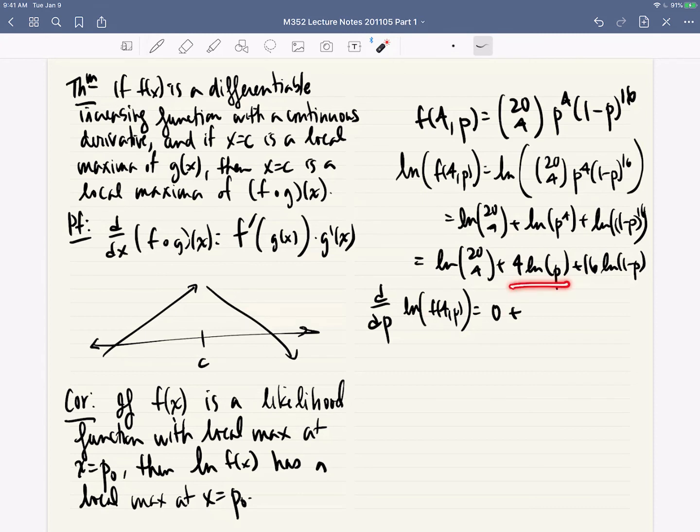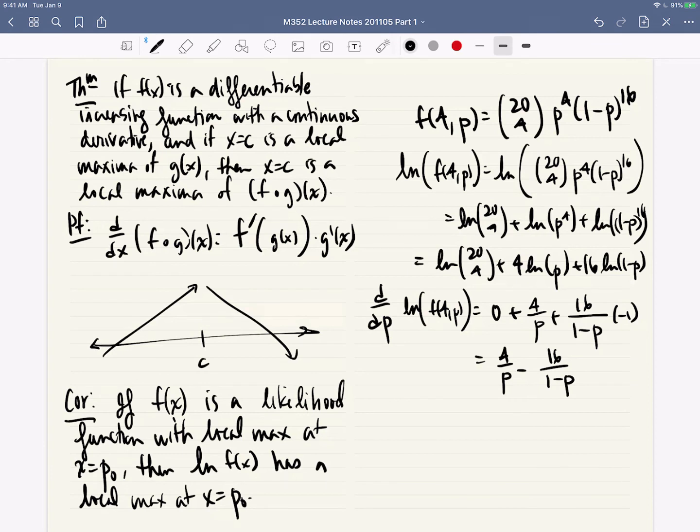The derivative of this is 4 over p, and the derivative of the last term is 16 over 1 minus p, and then we got to put that minus 1 there for the chain rule. So we get 4 over p minus 16 over 1 minus p.